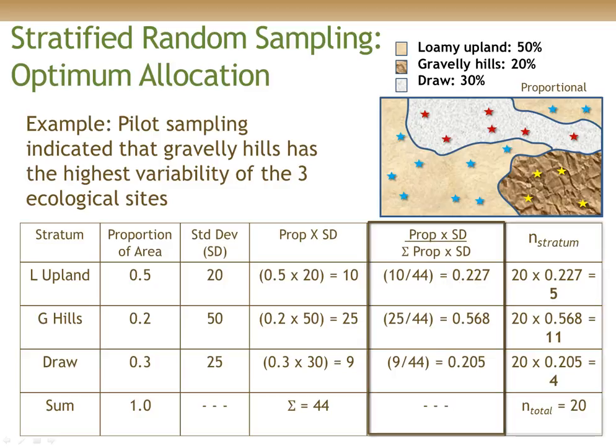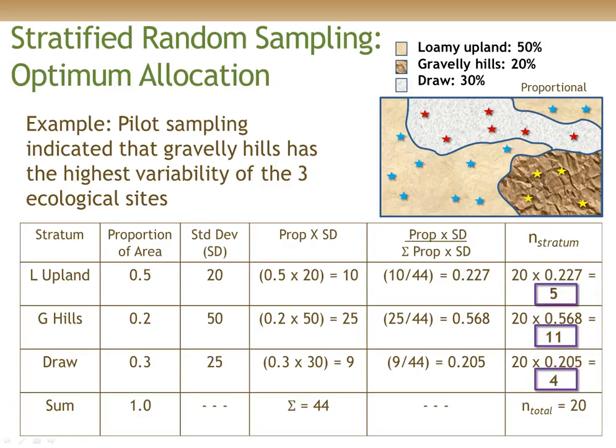That value is then multiplied by the target number of sampling units that we plan to put in the area. So if you remember, we planned on 20 sampling units in this area, and so by multiplying 20 by this weighted value, now instead of having 10 units in the loamy upland, we only need 5.